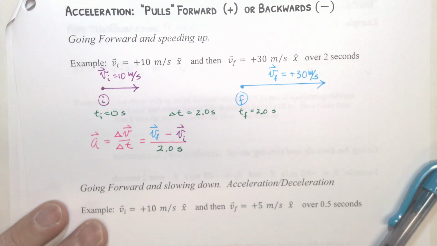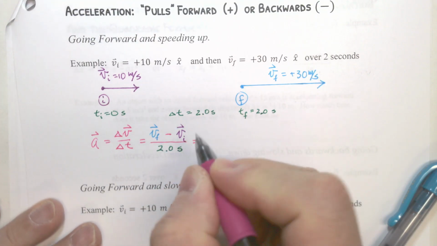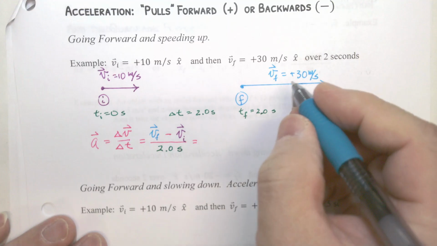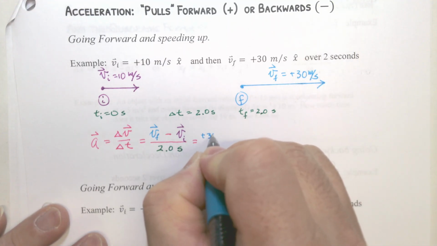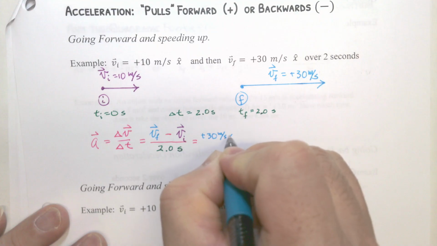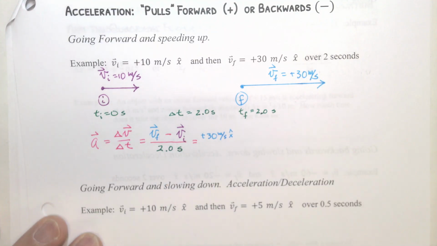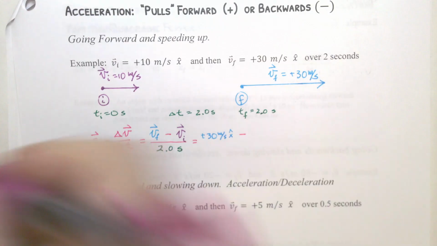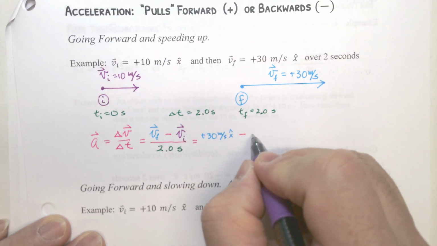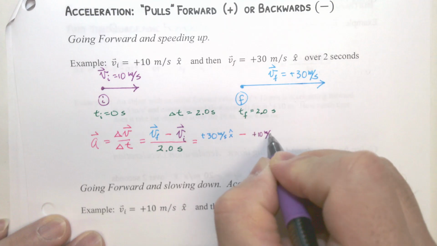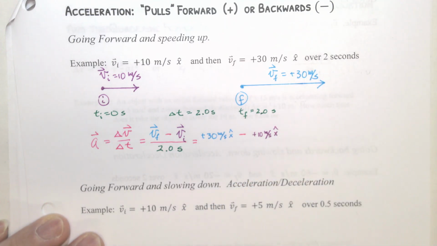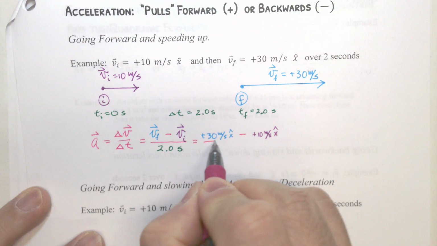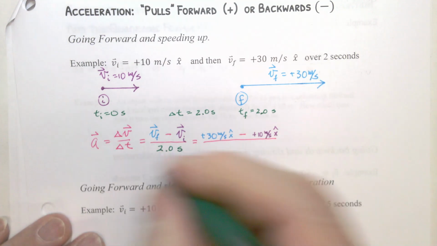Therefore, if we plug in our values, here we have positive 30 meters per second x hat minus positive 10 meters per second x hat, whole thing over 2 seconds, right?